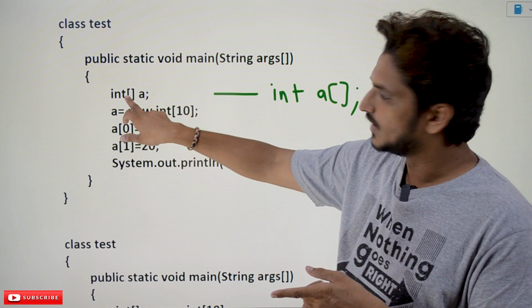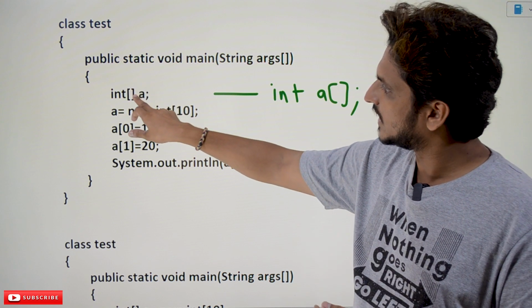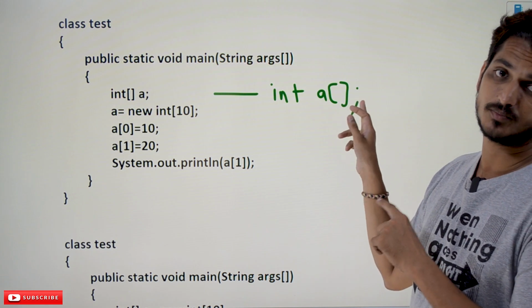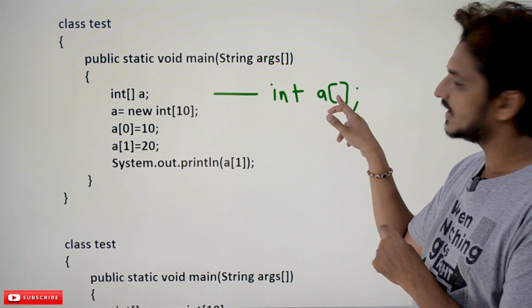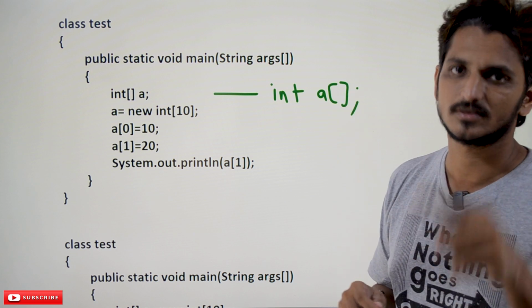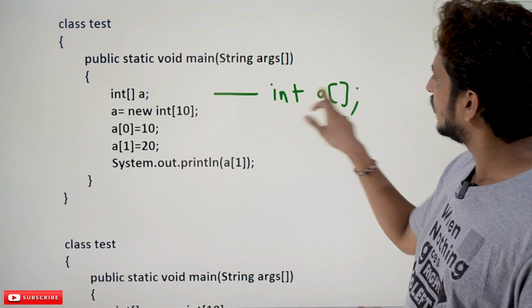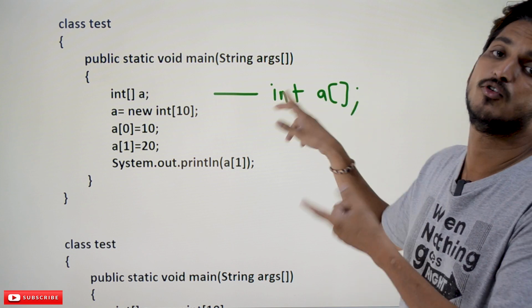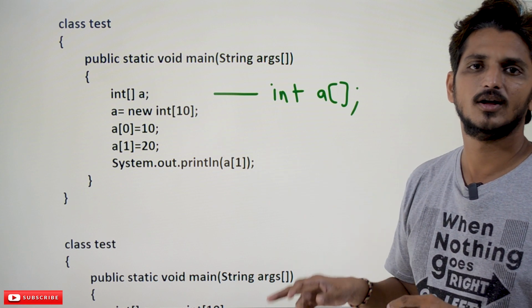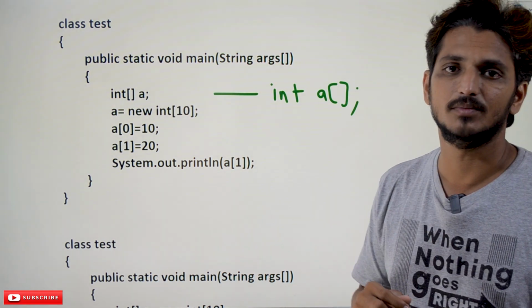Not only this way, we can go with the other way. int brackets, no need to write like this. int A of, this is also an accepted notation. It means we declared a variable A of type array of integers. If you write float A of, it is an array of floating point variables. Double A of, an array of double variables.